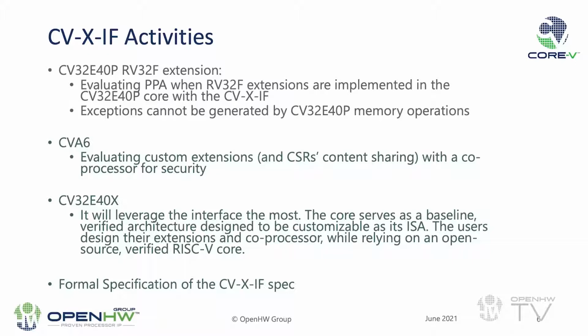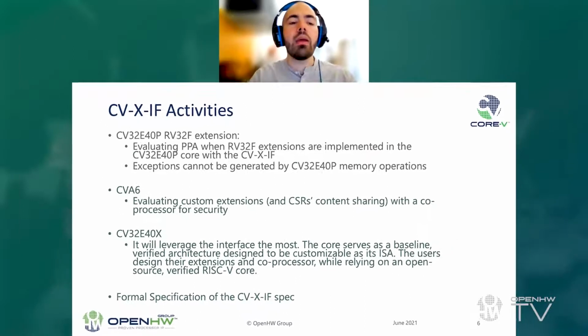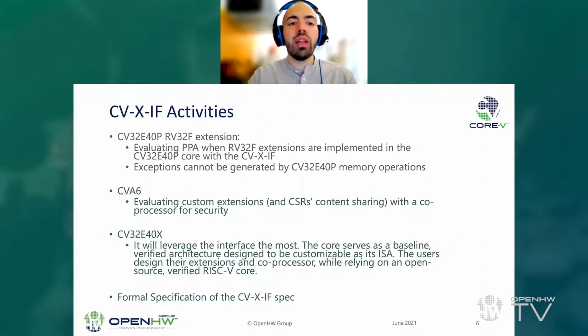The floating point extensions are standard extensions. The core doesn't technically need to be agnostic about them because they are anyway open source. But we are using them to test the PPA figures of the core when using this interface. We don't want to lose any performance, and we don't want to mess up power and area.